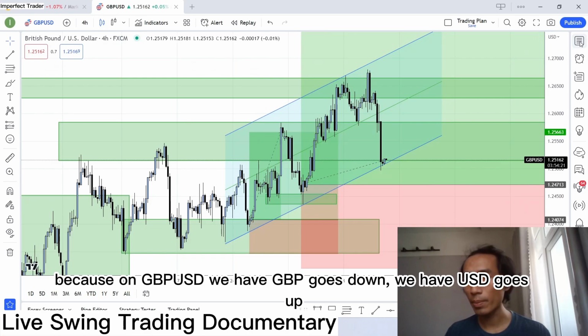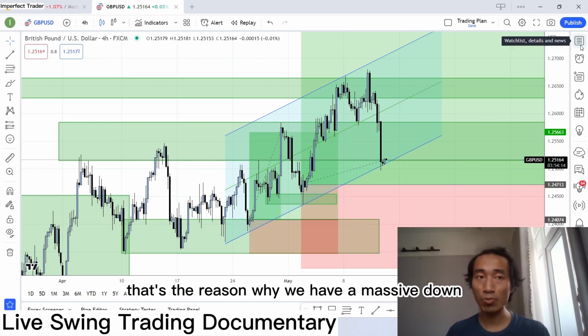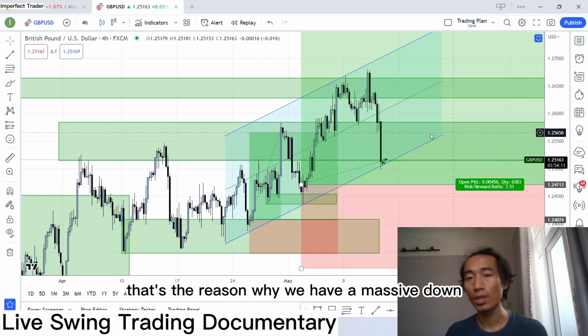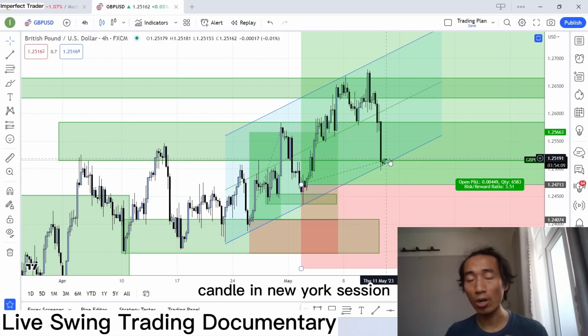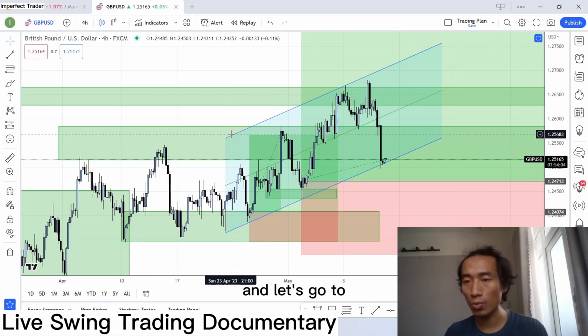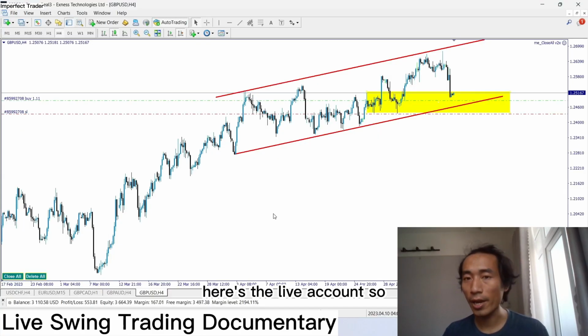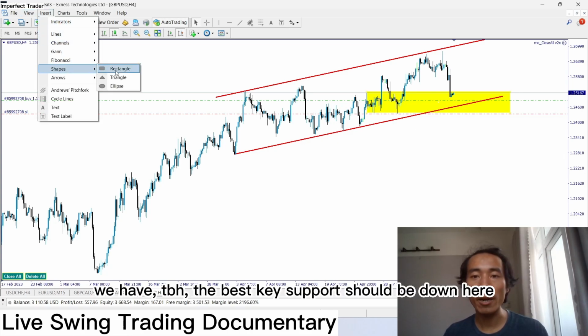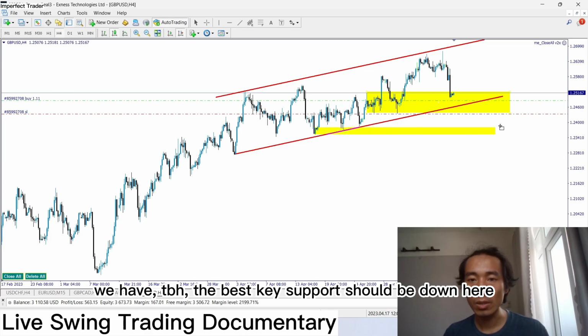Because on GBP USD, we have the British pound going down, we have the USD going up. That's the reason why we have a massive down candle in the New York session. And let's go to the line account. Very simple. We have the trend line. To be honest, the best support should be down here.